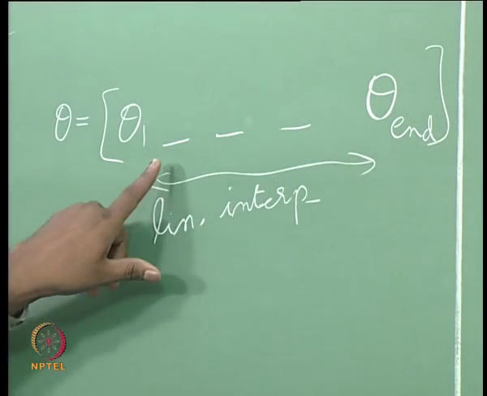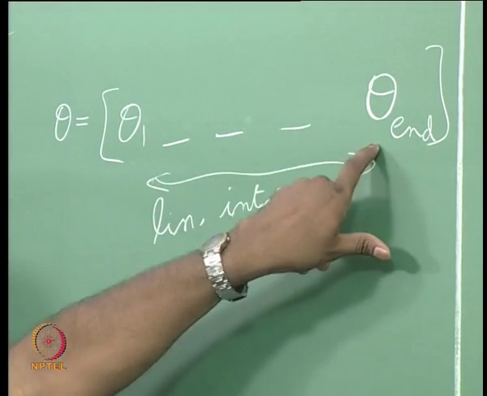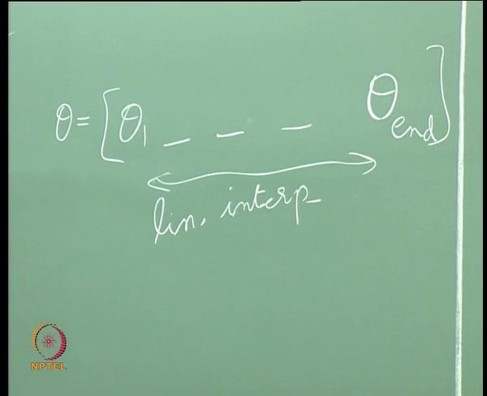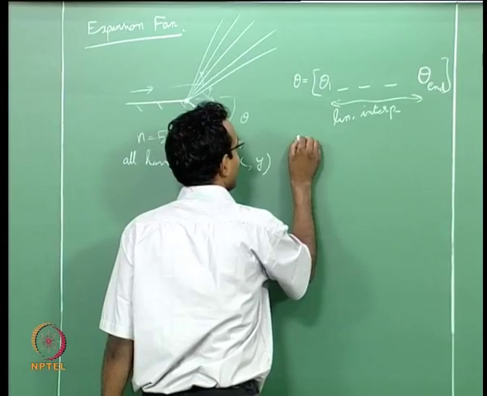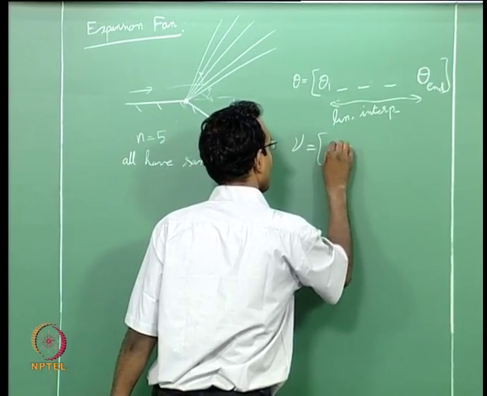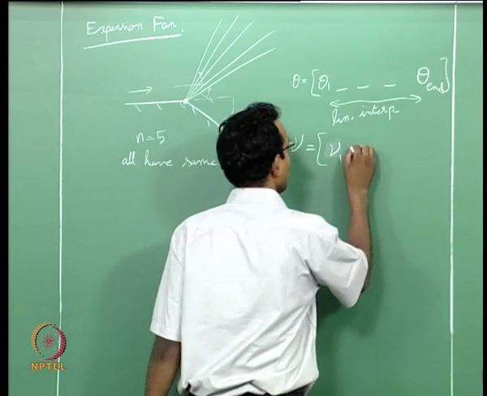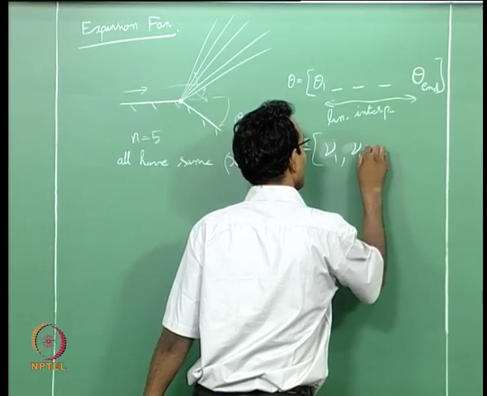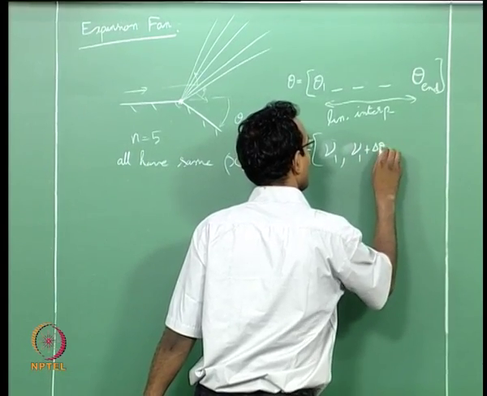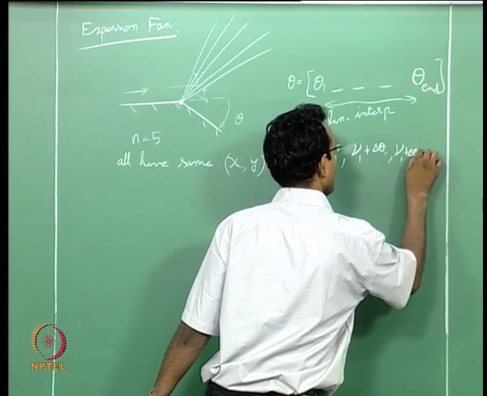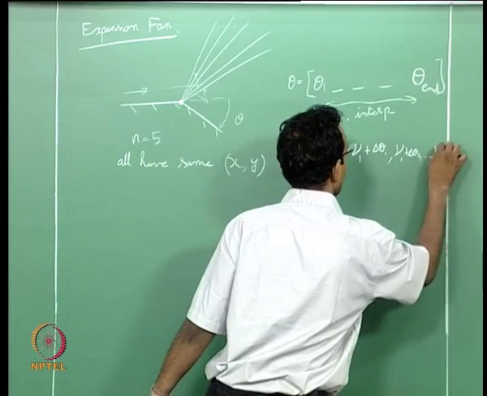So I will typically pick the 25%, 50%, 75%, 100% kind of interpolation for the n equal to 5 case. Now once I do this, I go back and ask the expansion fan what should I do: delta theta equal to delta nu. So nu will come out to be nu 1 plus, first one is nu 1, second one is nu 1 plus delta theta 1, nu 1 plus delta theta 2, etc. up to the last one, nu end.